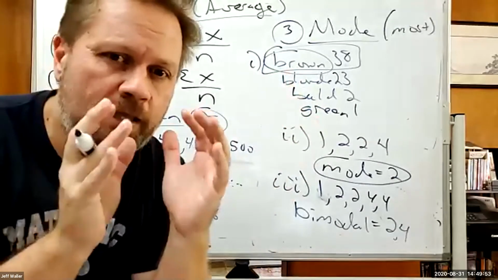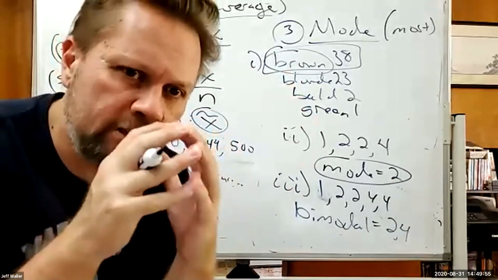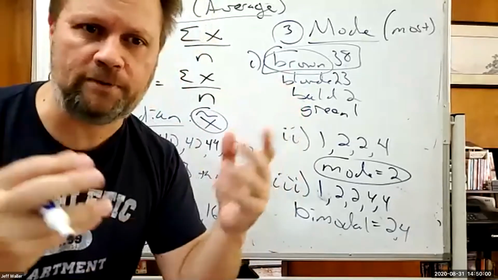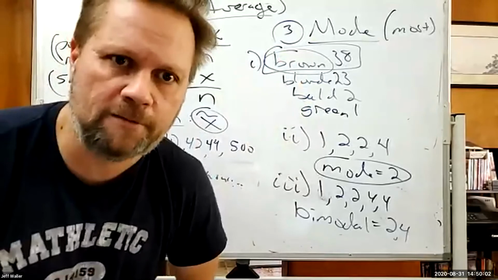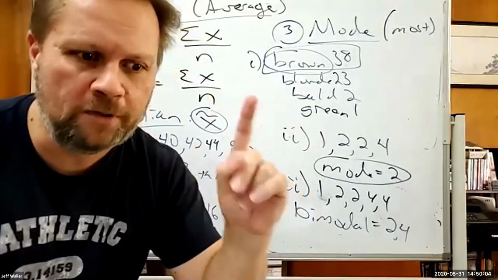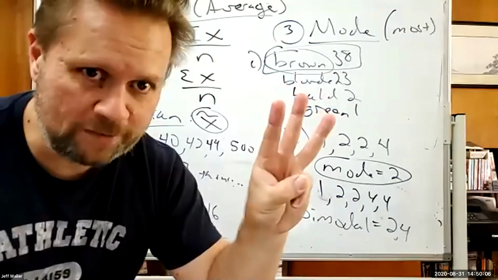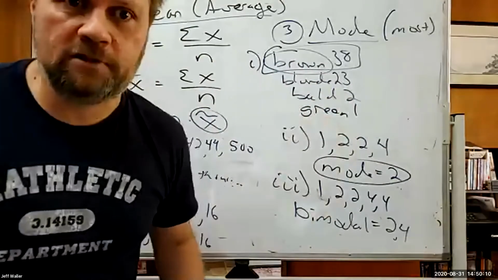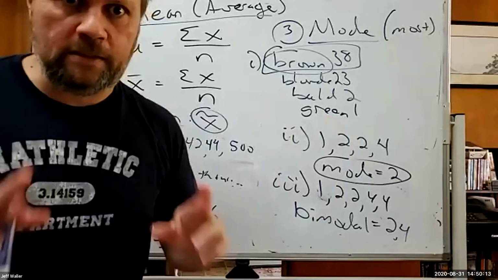So mode is a way to measure where the data is clustering. Once it's more than 3 places, it's not really clustering anywhere. So you can have no mode, 1 mode, 2 modes, bimodal, 3 modes, trimodal, and after that, no mode.